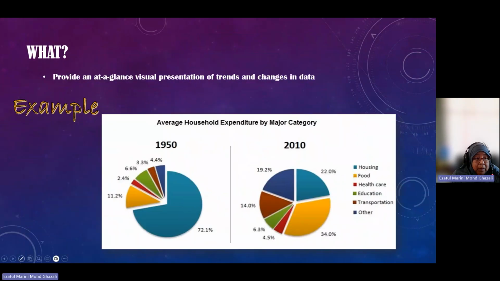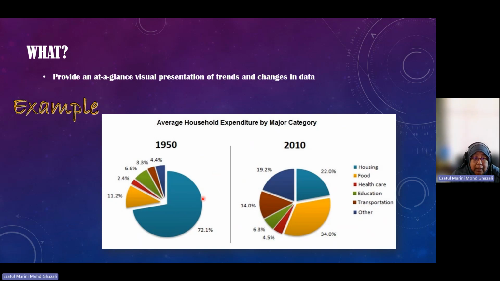Here, housing, food, healthcare, education, transportation, and other is what we call the legend or key. In Bahasa Melayu, we say that this is the petunjuk. It shows the categories being discussed in the graph.